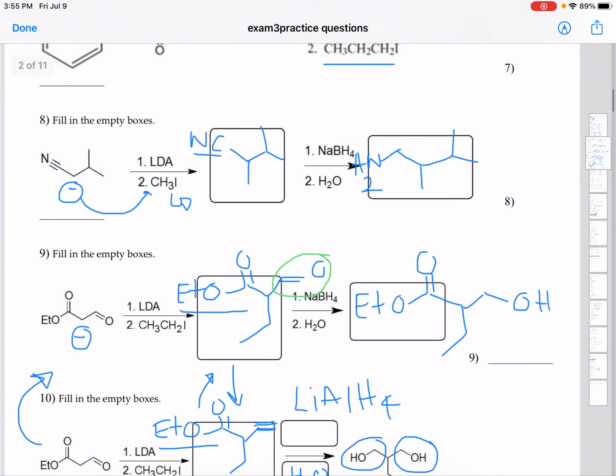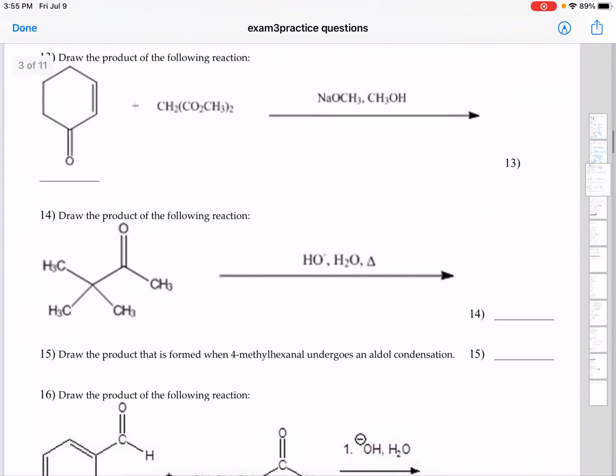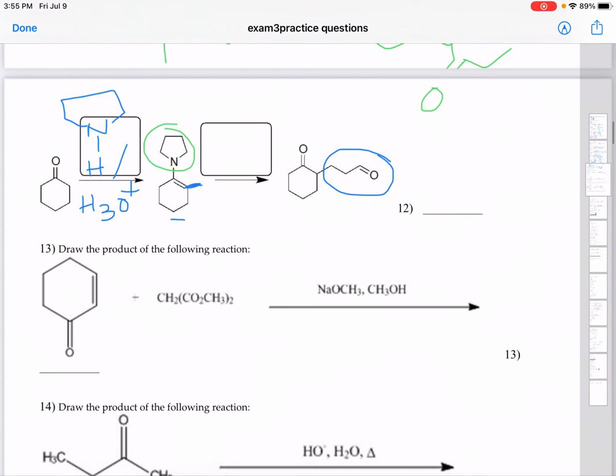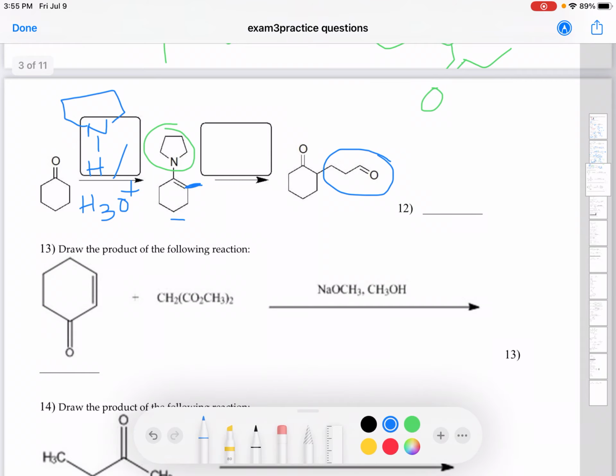Similarly, the enamine here is going to react with the aldehyde given. So what would be the appropriate aldehyde that we want? It's going to happen like a conjugate addition. If you break this molecule, the way we work in retrosynthetic analysis, that is the new bond that we are going to form.